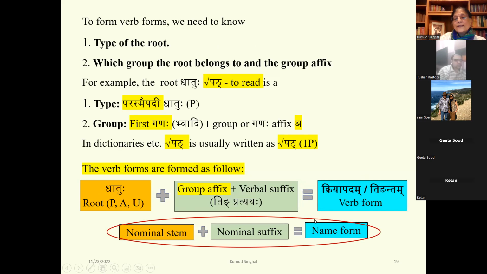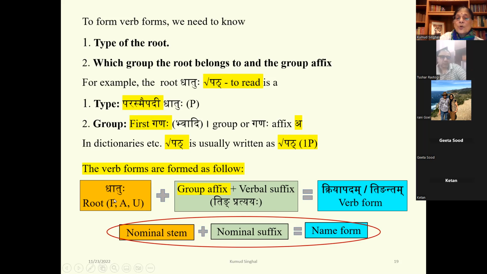Now, what did we do in a name form? In the name form, we took the nominal stem, added the nominal suffix, and got a name form, like Ram plus Su gave us Rama. Here, for the nominal stem, you needed to know two things: the gender, and what kind of letter the nominal stem ended in.